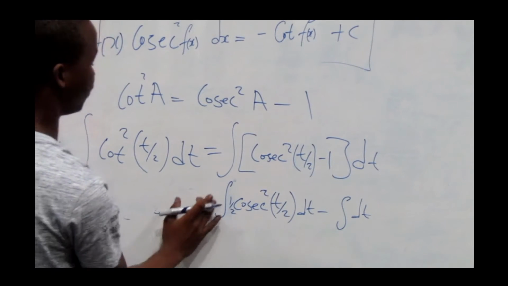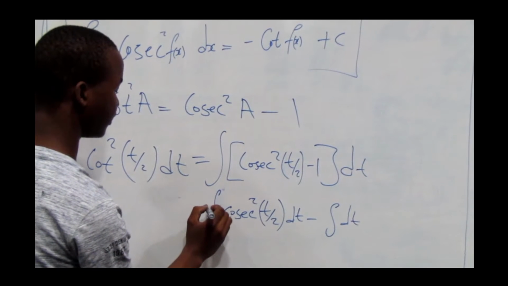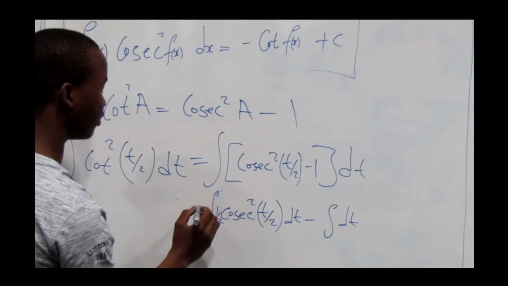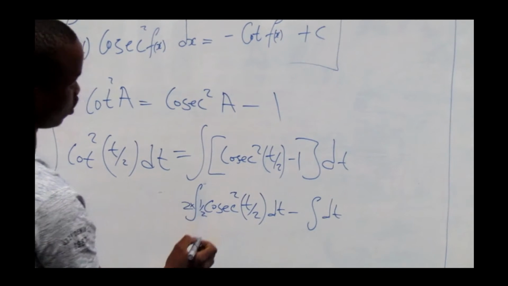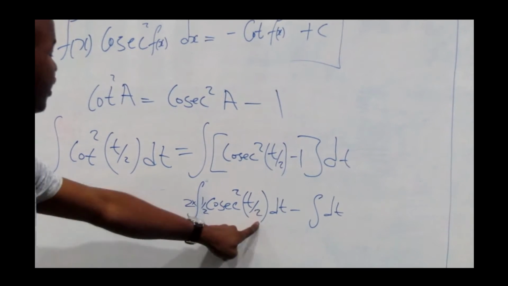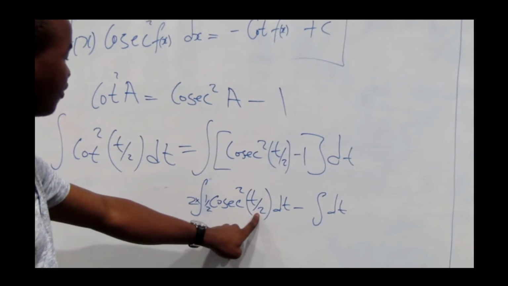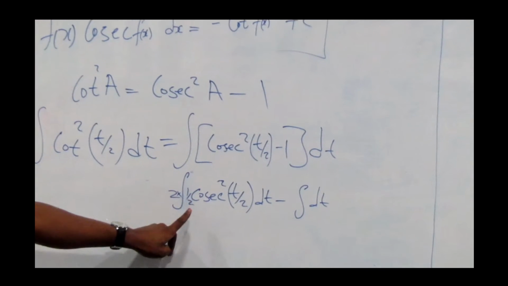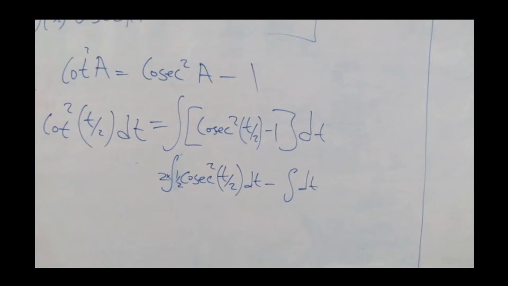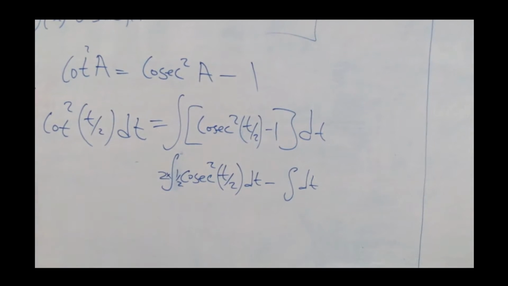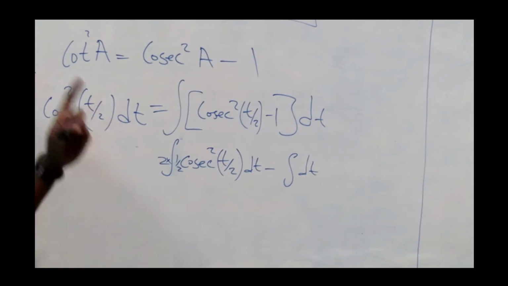Then in an integration, when you differentiate, you need to do this so that it stays the same, so that you do not change anything. Multiply by 2. Meaning this 1 over 2 is the derivative of t over 2. Then you need to multiply it with the number that is going to give you 1, of which 2 times 1 over 2 gives us 1.